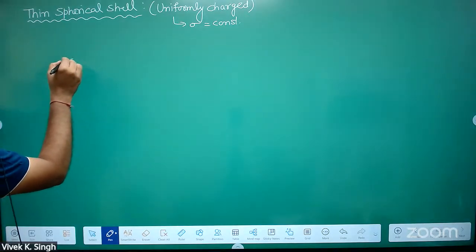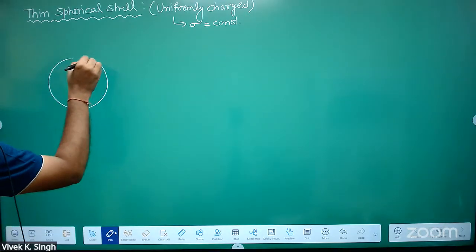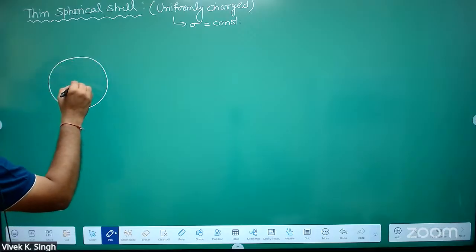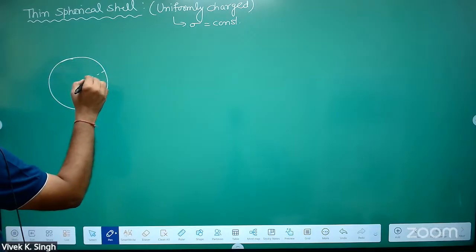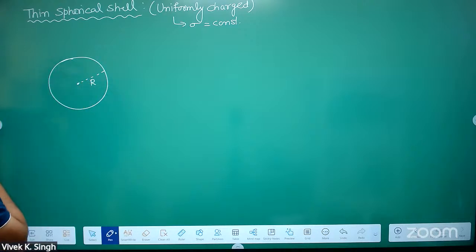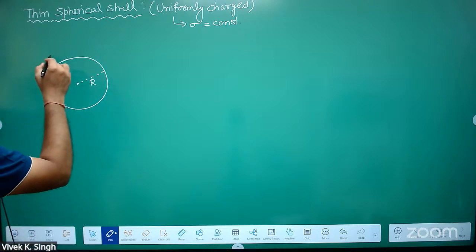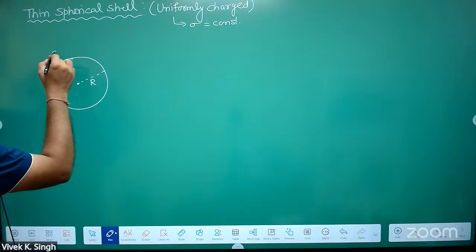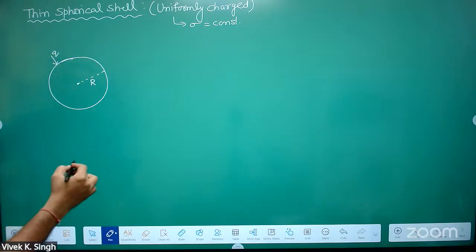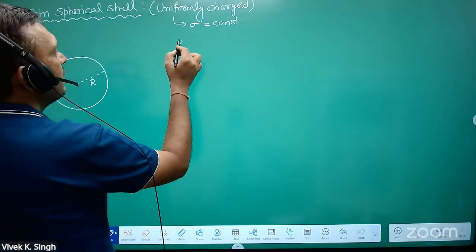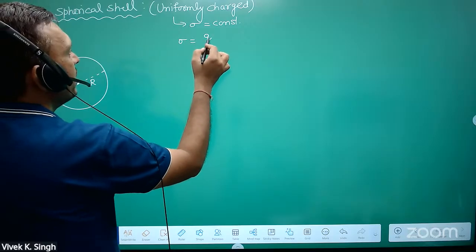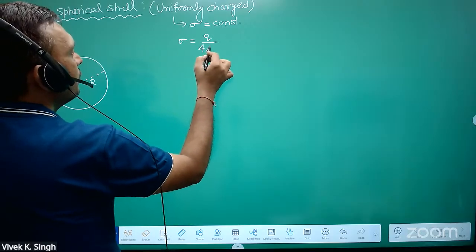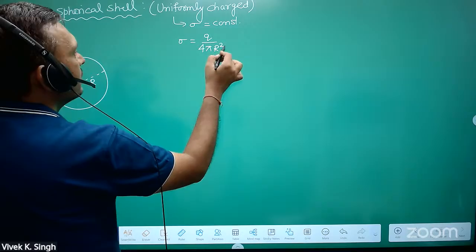So let's consider a thin spherical shell of radius R. Now assume charge Q is distributed uniformly over this surface. So what will be sigma? Sigma is given by Q by 4 pi R square.